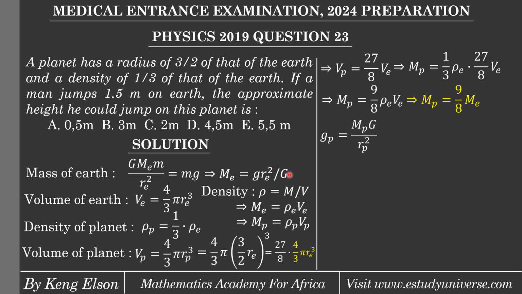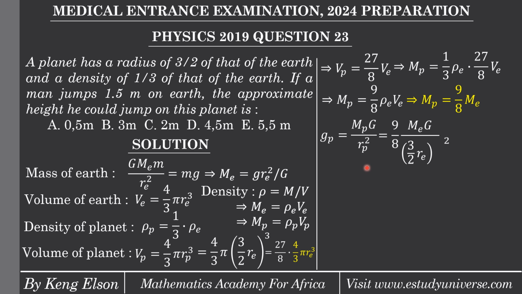If you make g the subject, we are going to have M times capital G divided by r squared. But since the planet is the point of reference, then the gravitational field strength of that planet is the mass of the planet times the universal gravitational constant, which is constant everywhere, divided by the square of the radius of the planet.